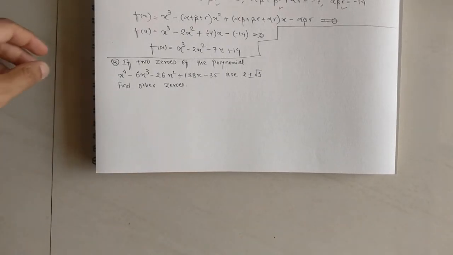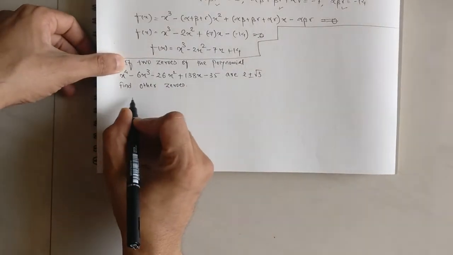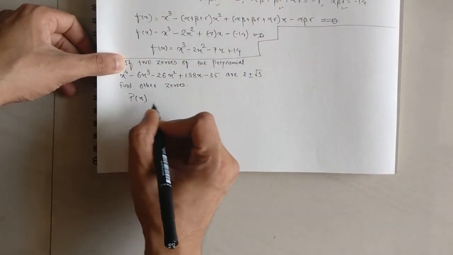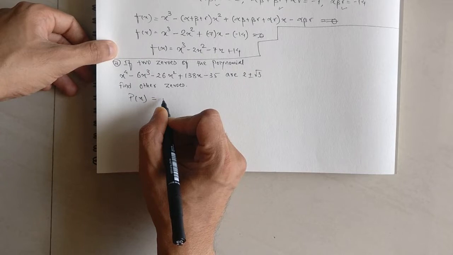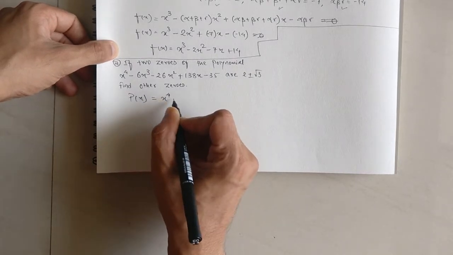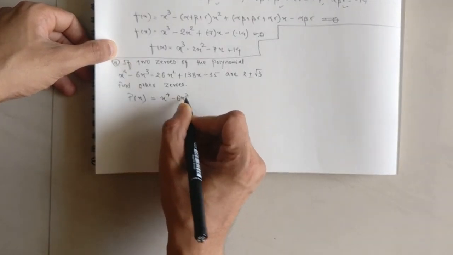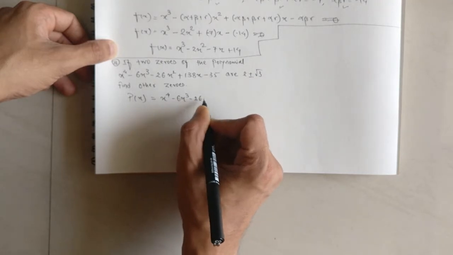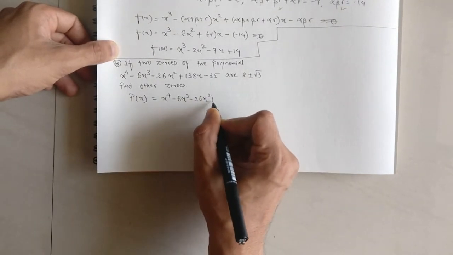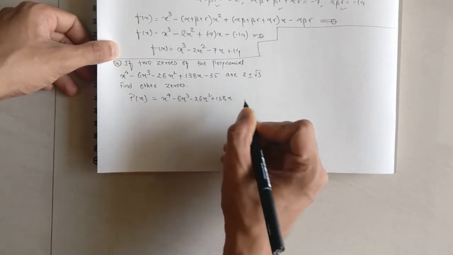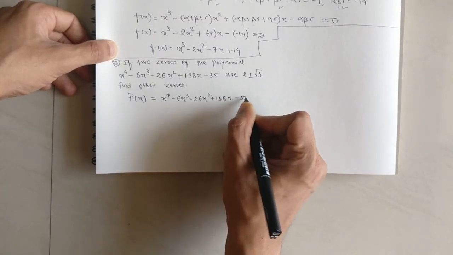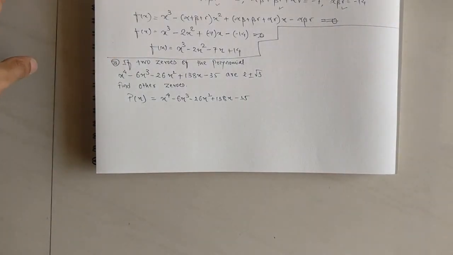So for that we will first denote our polynomial as p of x is equal to x raised to 4 minus 6x cube minus 26x square plus 138x minus 35. Now you will write the value of x, which is your 0.